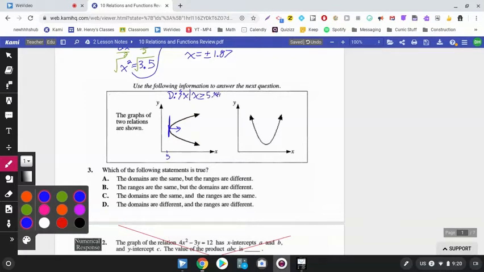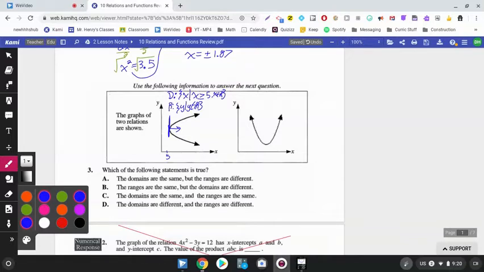X element of the real. If I needed to state the domain, it would actually give me a value. Here I'm just comparing. And the range of that thing, y such that y is an element of the real, because my arrows go up and down forever. My y values go up and they go down diagonally forever and ever.